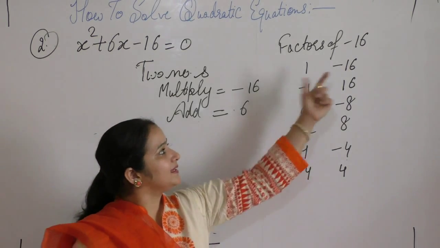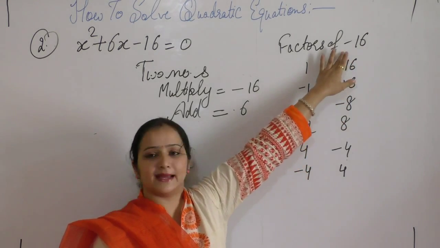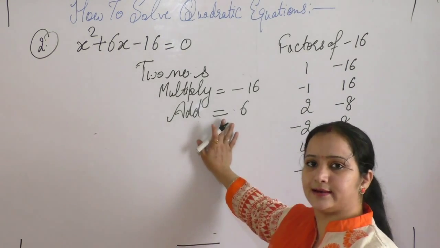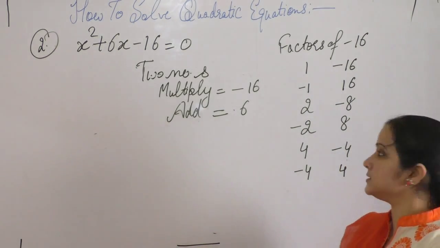When we multiply these factors, we get minus 16. Now we want the sum to be the term 6 here. So check all the factors.